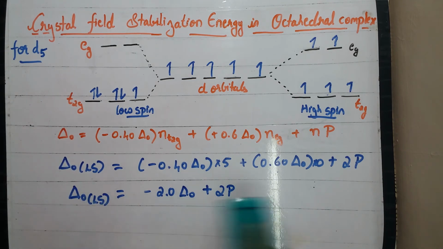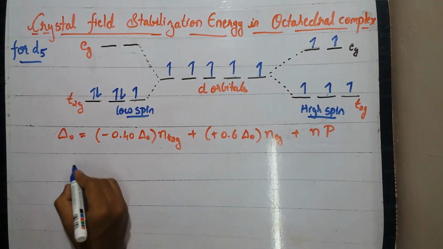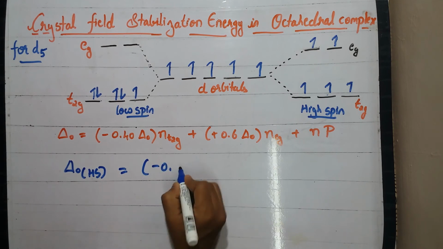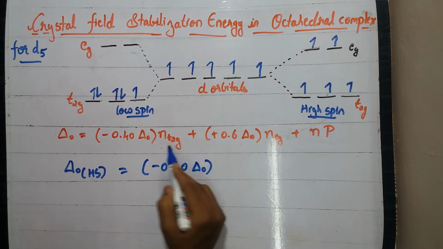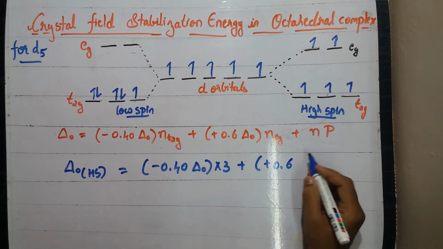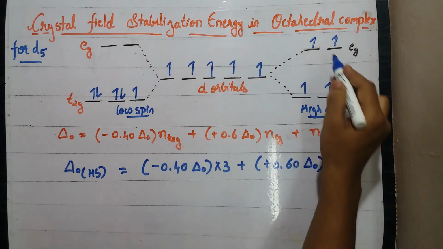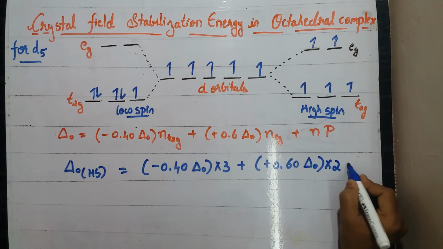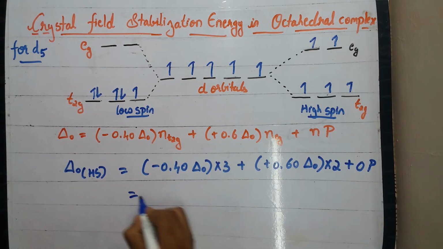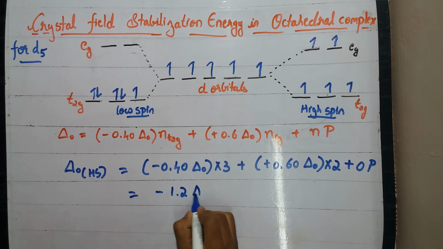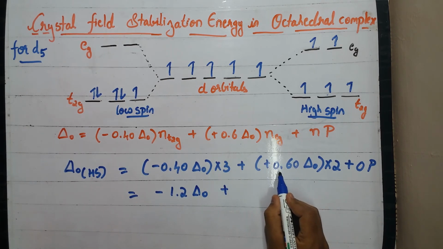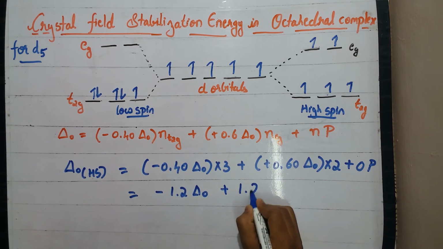Now coming to the crystal field stabilization energy of a d5 system in the high spin complex, it would be minus 0.40 delta naught into the number of electrons in the T2g, which is 3, plus 0.60 delta naught into the number of electrons in the Eg level, there are 2 electrons in the Eg level, and the number of paired electrons is 0, hence 0 into P. Now this would become minus 0.40 into 3, which is minus 1.2 delta naught, plus 0.60 into 2, which is plus 1.2 delta naught.